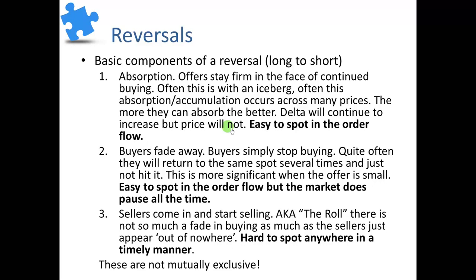Now, you'll most likely see sell market orders in total to be between 2 to 3 times the amount of buy market orders when this happens. Okay, so you will see an irregular or an excessive amount of selling compared to the buying. But this is hard to spot in a timely manner.